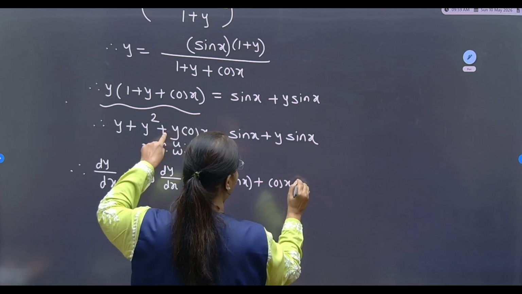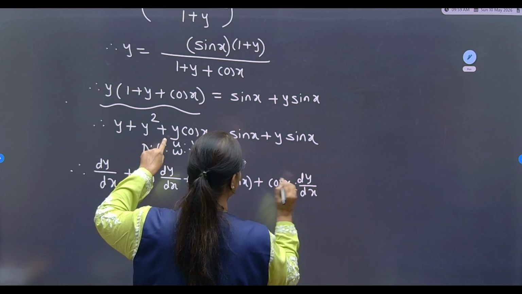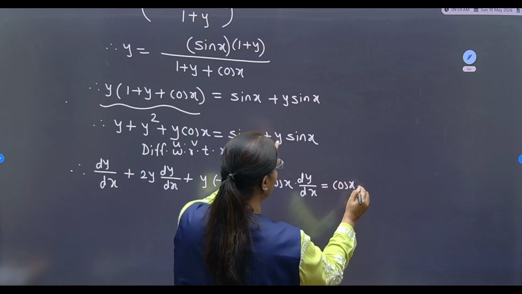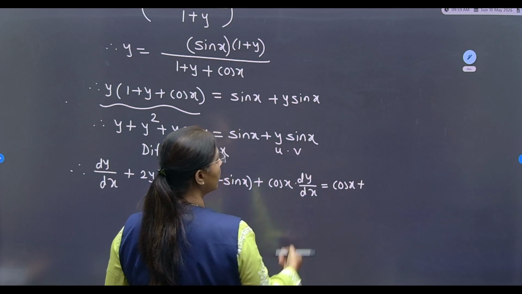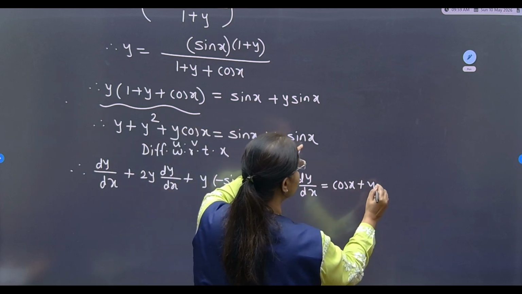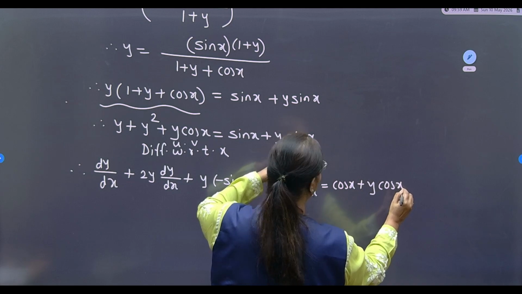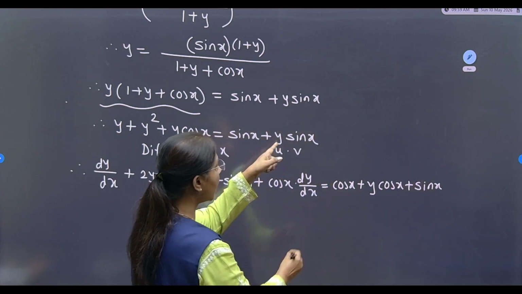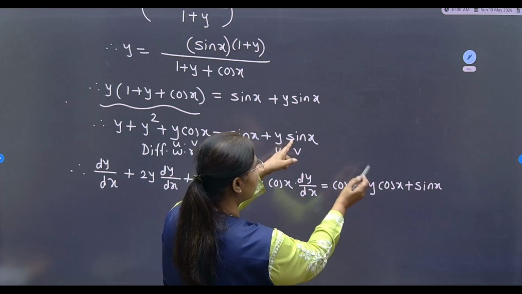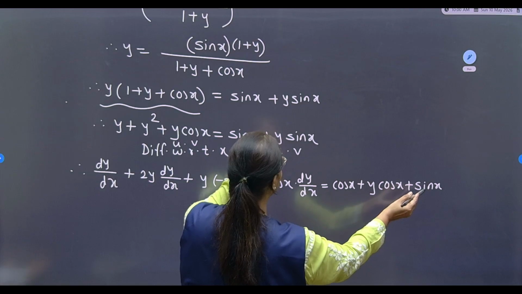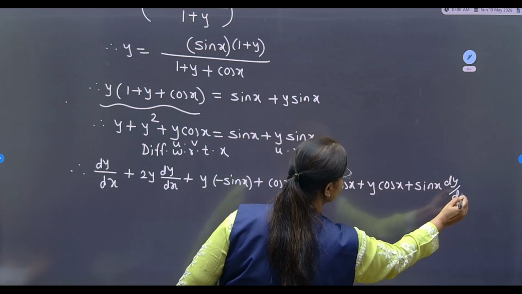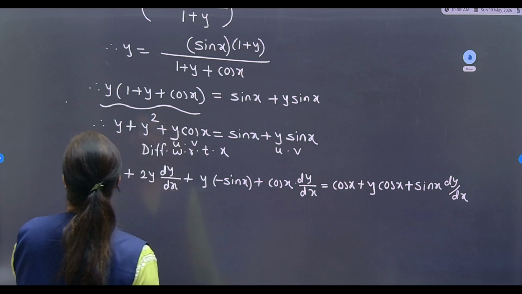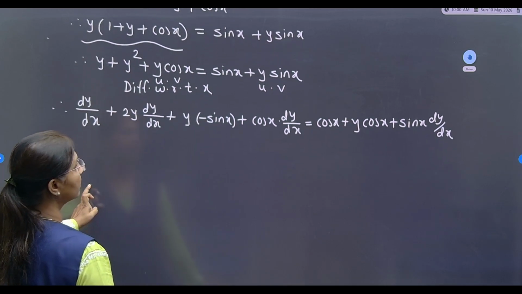Derivative of y with respect to x, dy by dx, equals derivative of sin x, cos x, plus, here also using product rule, y into derivative of sin x, cos x, plus sin x as it is, y into cos x, derivative of sin x, cos x plus sin x into derivative of y with respect to x, dy upon dx.